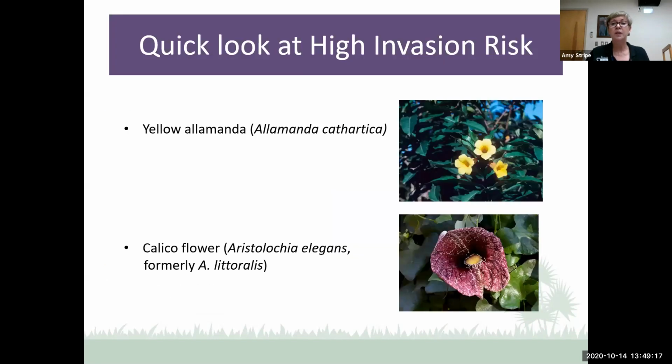So two of these that you might not be aware of, and many of you have these in your landscape: yellow allamanda, Allamanda cathartica, is classified as a high invasion risk throughout Florida, as is the calico flower, Aristolochia elegans, which used to be called Aristolochia littoralis, a favorite in our yards for butterflies. But now those are both considered high invasion risk by the university's assessment.